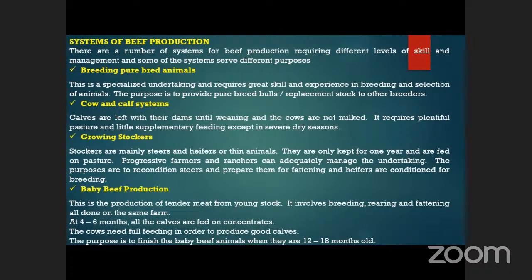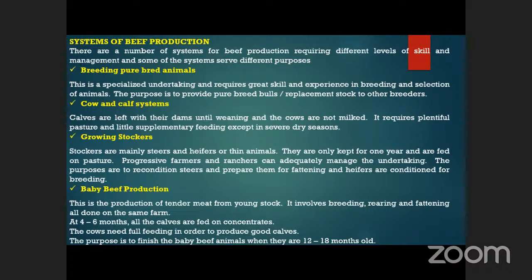Number two says cow and calf systems. Calves are left with their dams. Dams, those are the mothers, until they are introduced to eating solid foods, and the cows are not milked. It requires plentiful pasture and little supplementary feeding, except in severe dry seasons.